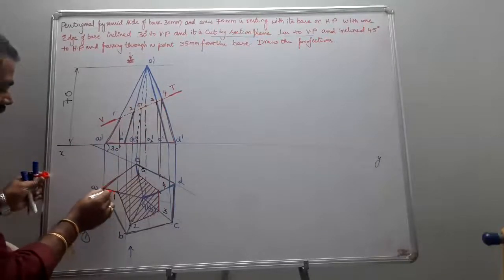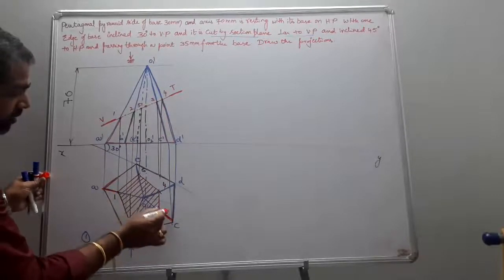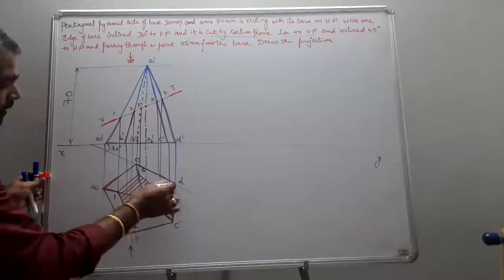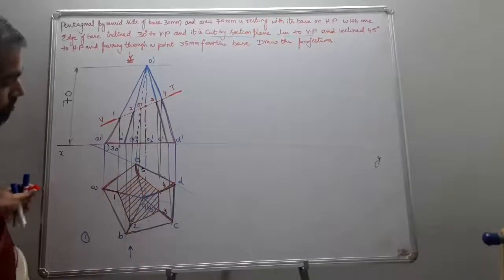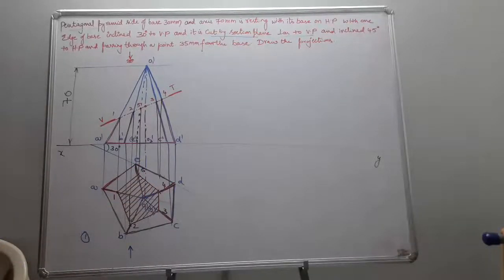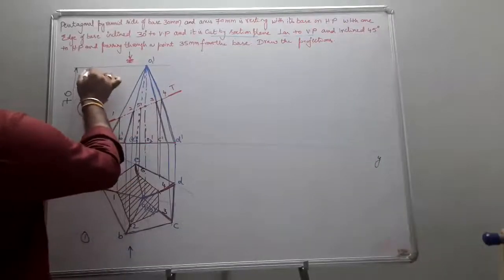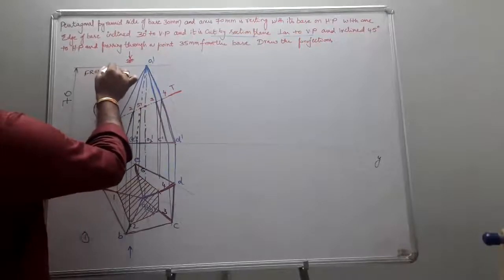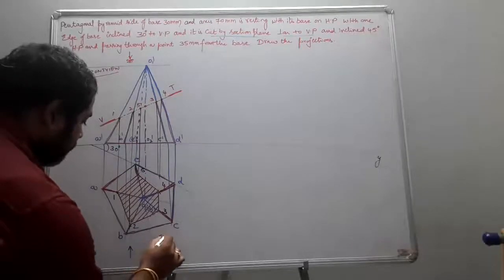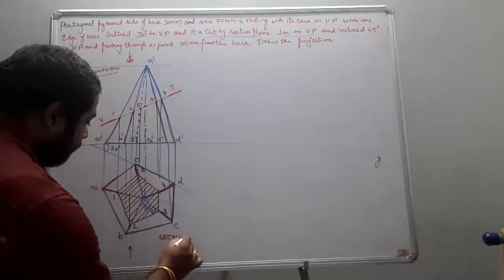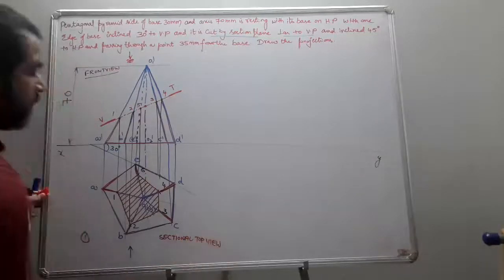So 1A is joined, 2B is joined, 3C is joined, 4D is joined, 5D is joined. So this becomes your front view. This was your front view. This was the sectional top view.